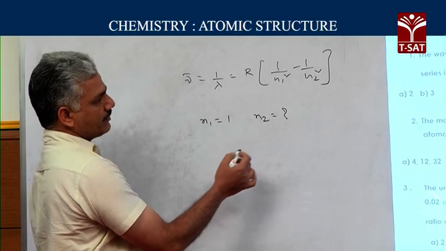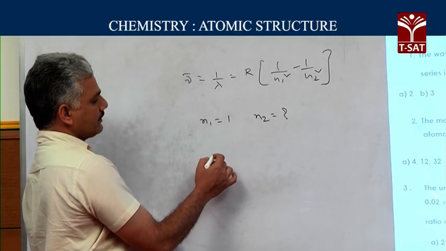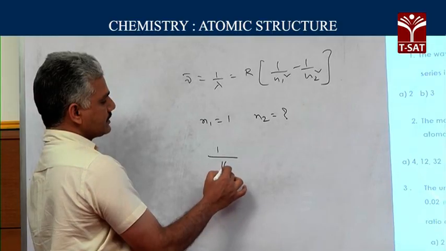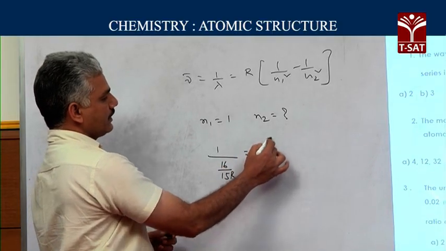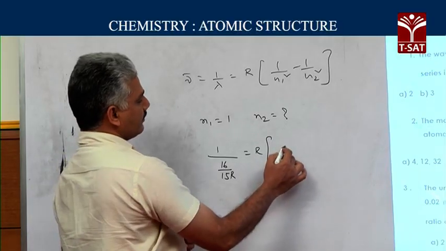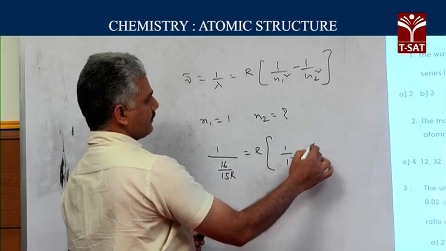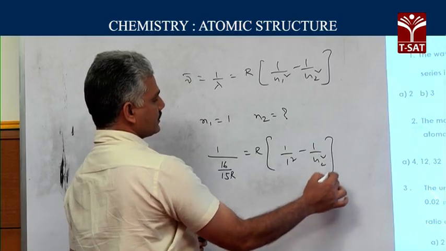In place of lambda, we can substitute the given value: 1 by 16 by 15 R is equal to R into 1 by 1 square, means 1 itself, minus 1 by n2 square.